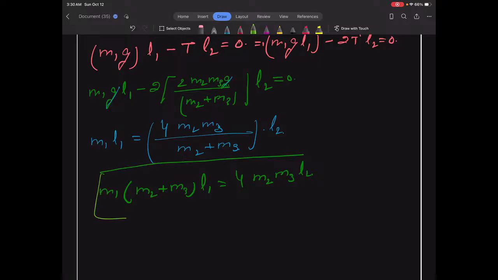So this is the relationship between M1, M2, M3, L1 and L2, so that the entire system is in equilibrium as soon as the masses M2 and M3 are free to fall. So this relationship is between M1, M2, M3, L1 and L2.